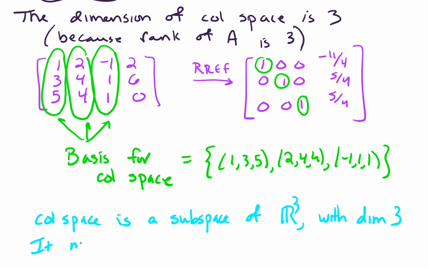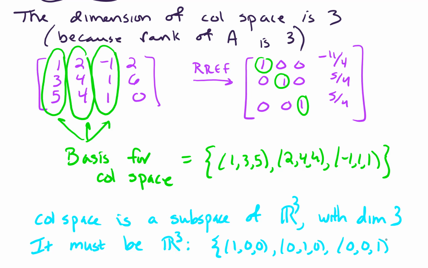So it must be R3. And we know lots of legitimate bases for R3, one of which would be our favorite basis, 1, 0, 0, 0, 1, 0, and 0, 0, 1. So basis is not unique. It just needs to span the space and be linearly independent.